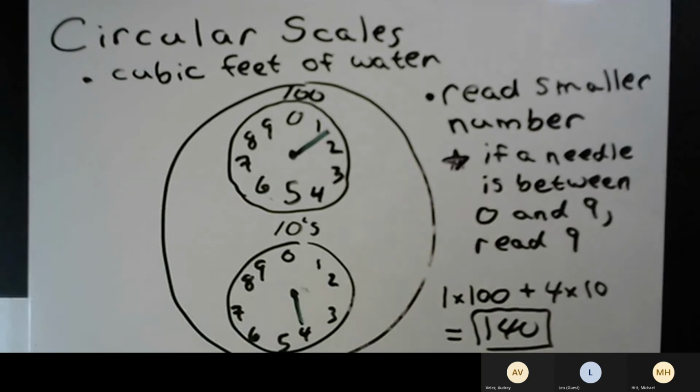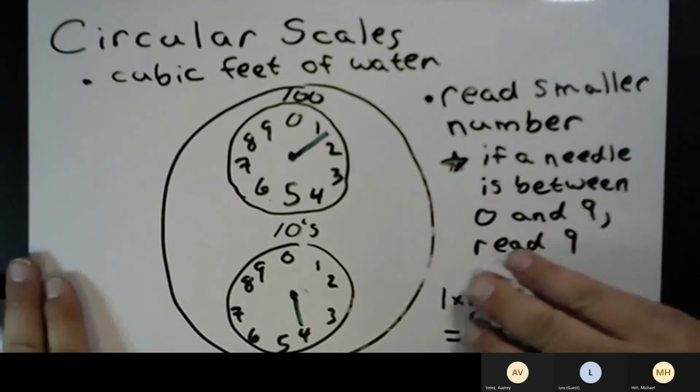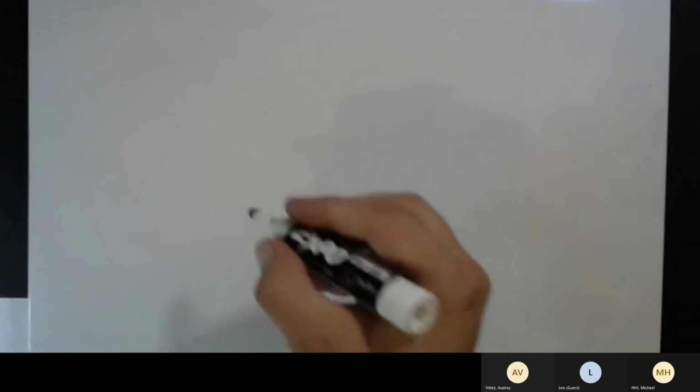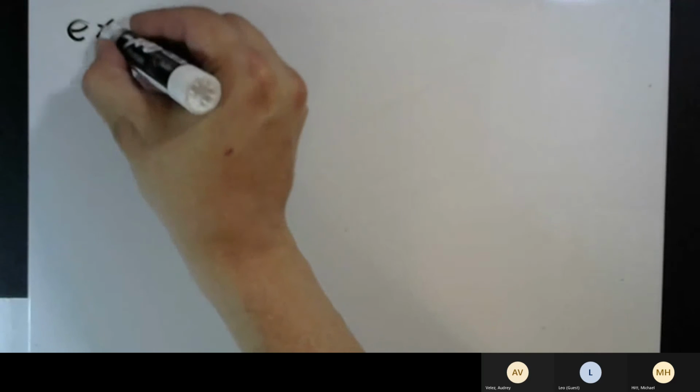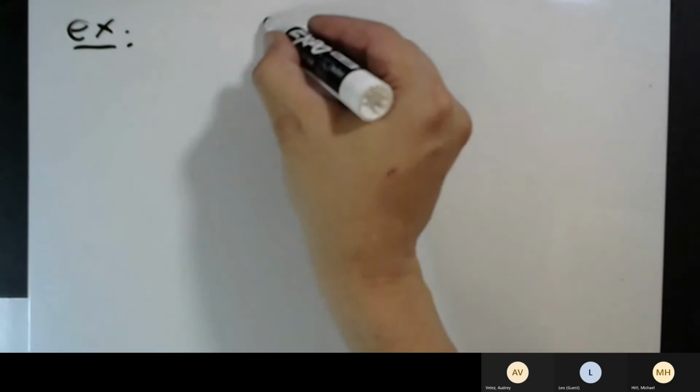So another kind, and I'm going to do a couple examples here. Let's take a look at another one of these. One a little more complicated, and you have to excuse some artistic license.